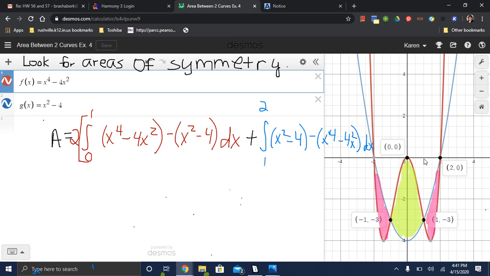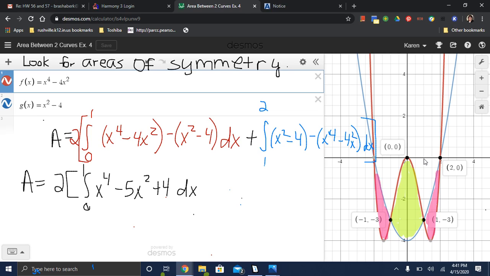And again, all of this then has to be multiplied by 2. All right, so we'll have our area equaling 2 times our integral from 0 to 1. And we've got some like terms we can combine. So we'll have x to the 4th minus 5x to the 2nd, and then plus 4 dx.